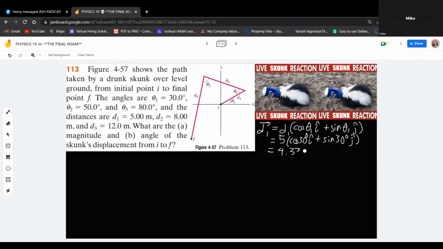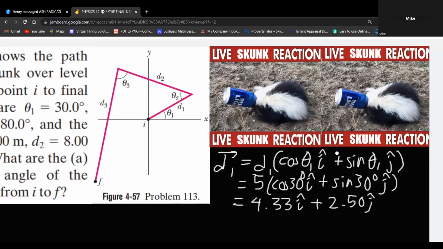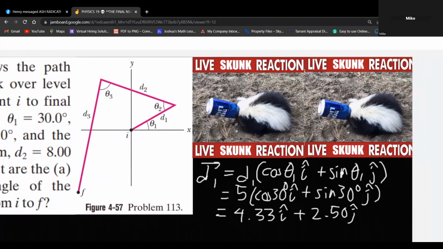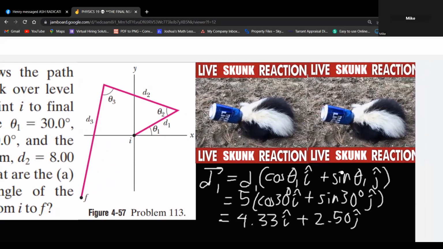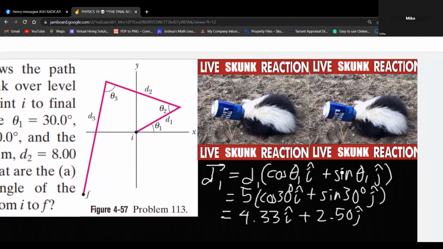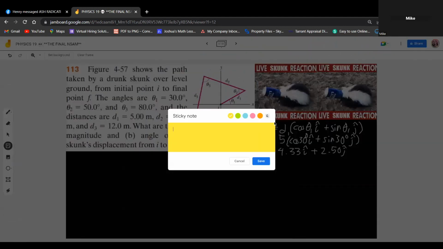So, I have a strategy to suggest here. The problem is the calculation of displacement 2 and displacement 3. Cosine theta and sine theta are angles measured with respect to the positive x-axis, but theta 2 and theta 3 are not angles measured with respect to the x-axis.